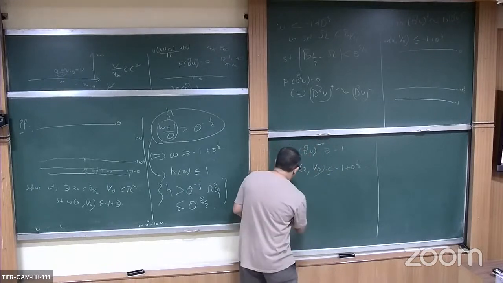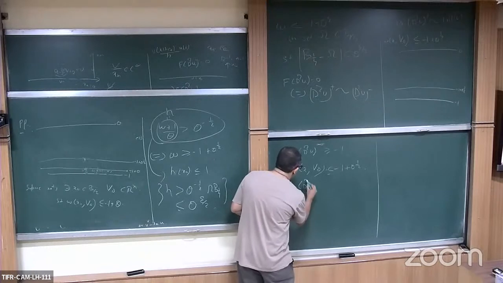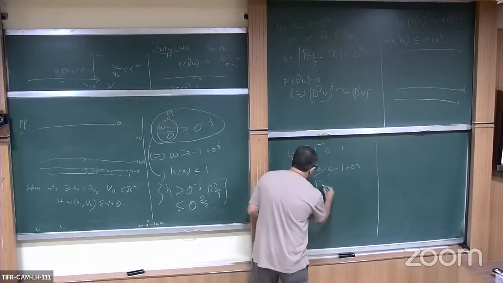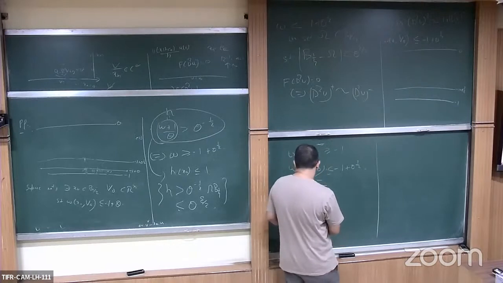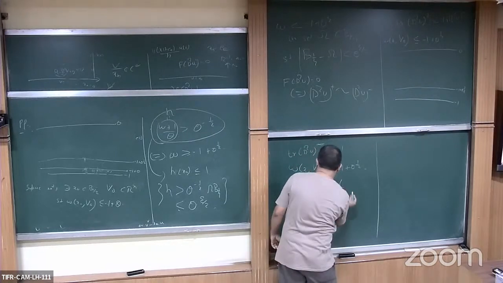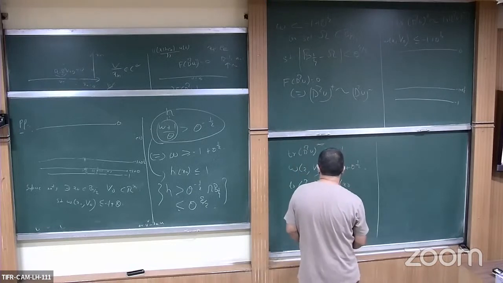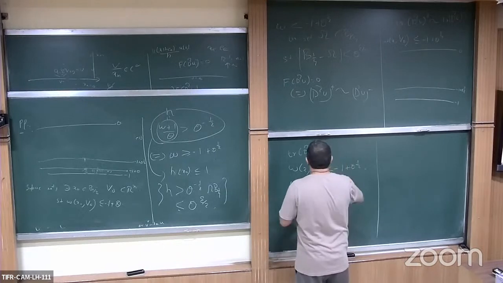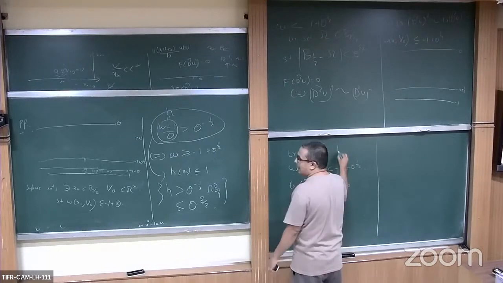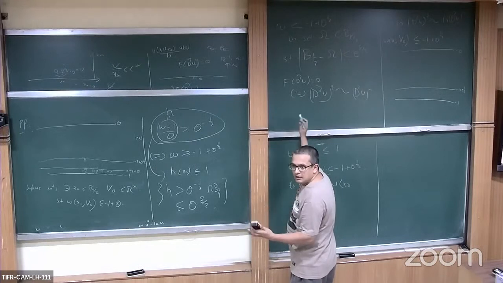So you see that the difference, which is the trace of D squared u minus plus W of plus or minus e. So trace of, I'm sorry, trace of D squared u minus is less than or equal to 1, because u minus is like the negative part.